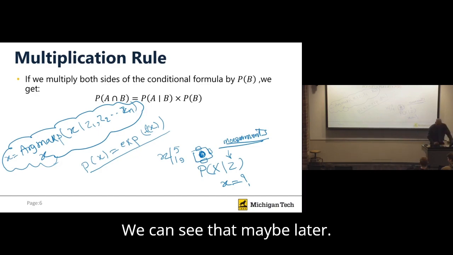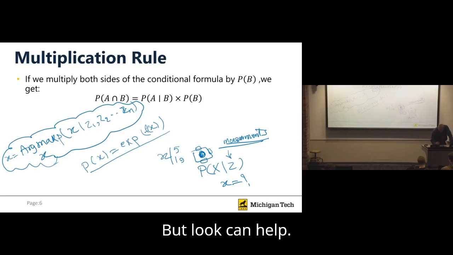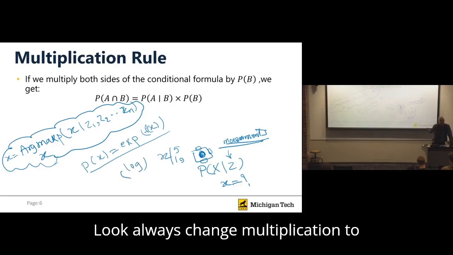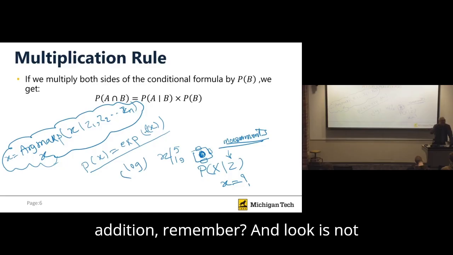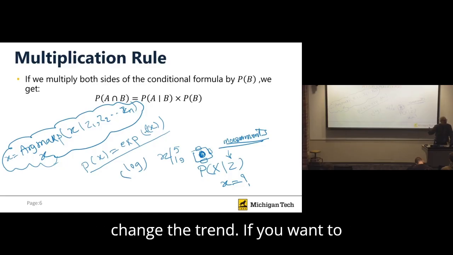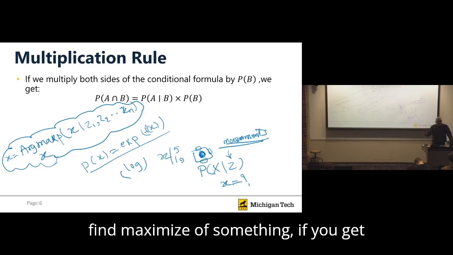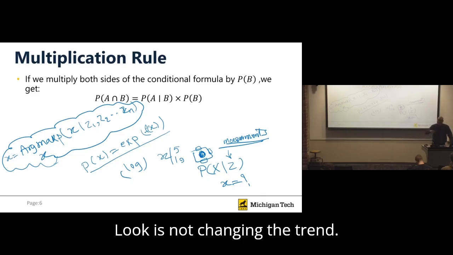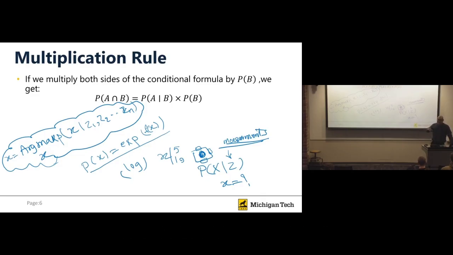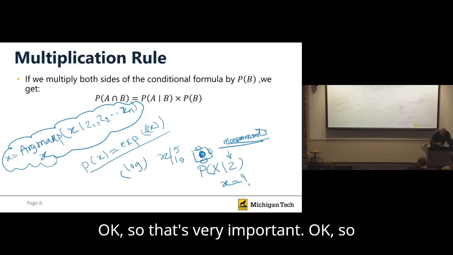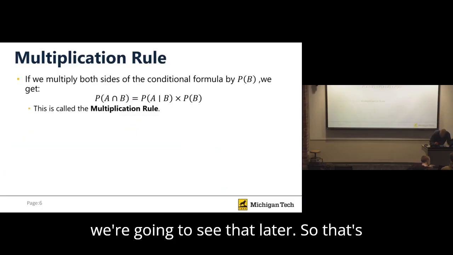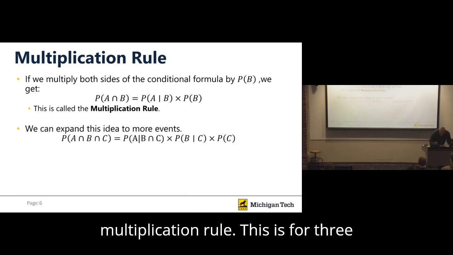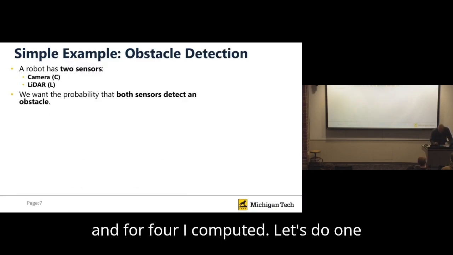We can see that maybe later. But log always changes multiplication to addition, remember? And log does not change the trend. If you want to maximize something and you take the log, it is still similar. That's very important. So that's the multiplication rule. This is for 3, and for 4 I computed.